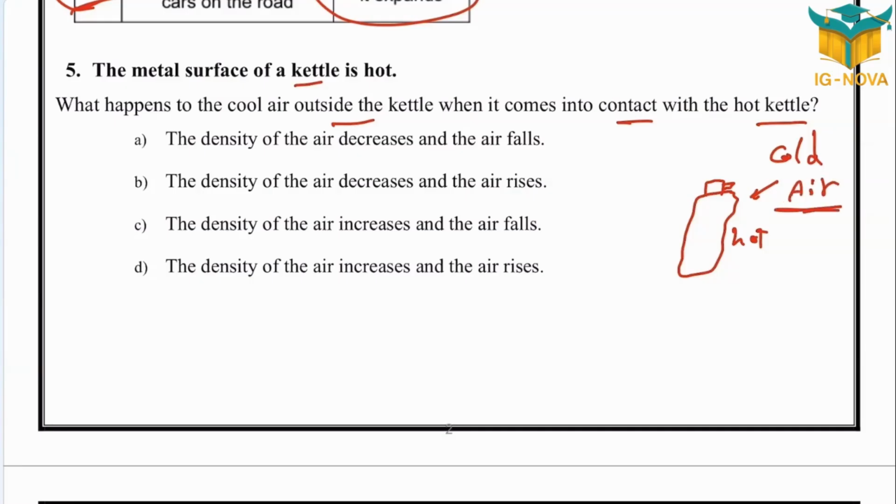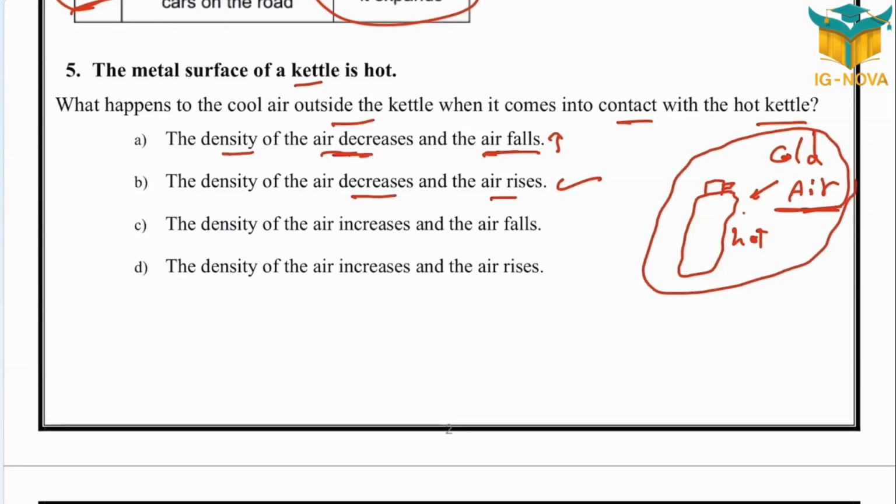What's gonna happen? The density of the air decreases and air falls. If the density decreases, it cannot fall. It must go up. The density of the air decreases and the air rises. So the cold air surrounding this kettle will become less dense and moves up. So I'm gonna go for B.